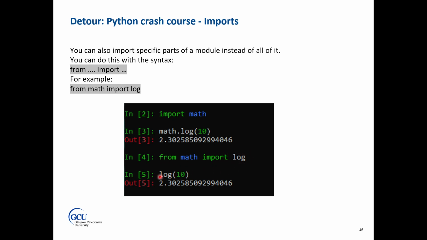So here you can write log 10, and it gives you a result. But if you did from math import log, and here you write sin of 3, it's going to give an error, this is not recognized. On the other hand, if you have import math, you can do math.log, you can do math.sin, and things like that.